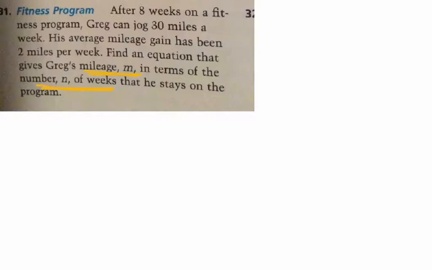Now, it's true the two are related, but not in that way. The number of weeks doesn't change depending on how many miles. So he doesn't go from being in the program 5 weeks back to 4 weeks if he doesn't run as many miles or something like that. So it makes sense, in a practical sense, to say that the number of miles he runs depends on the number of weeks.